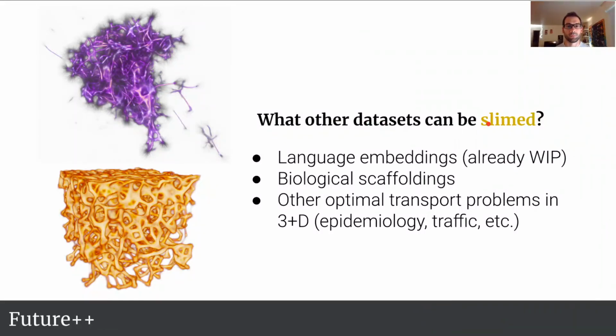And we also want to apply the model to other domains, already presenting work on fitting to language embeddings here at the Vis for DH workshop. And we also want to investigate biological scaffoldings because of the organic nature of the model, and also other optimal transport problems in 3 dimensions and even higher.